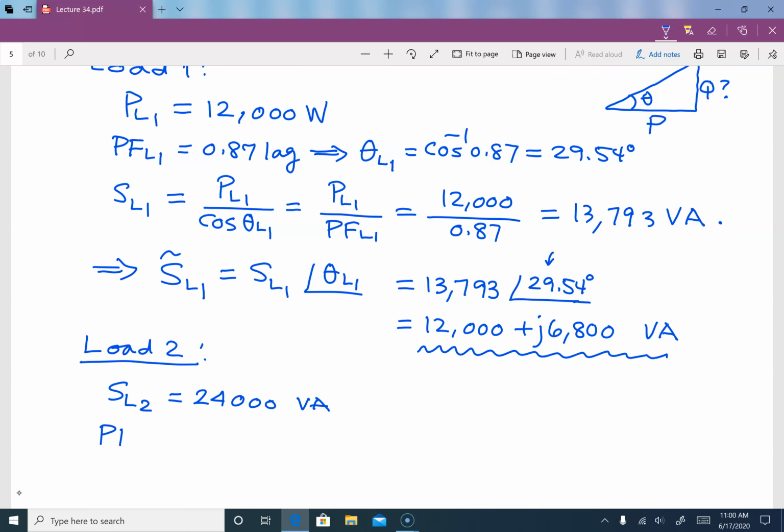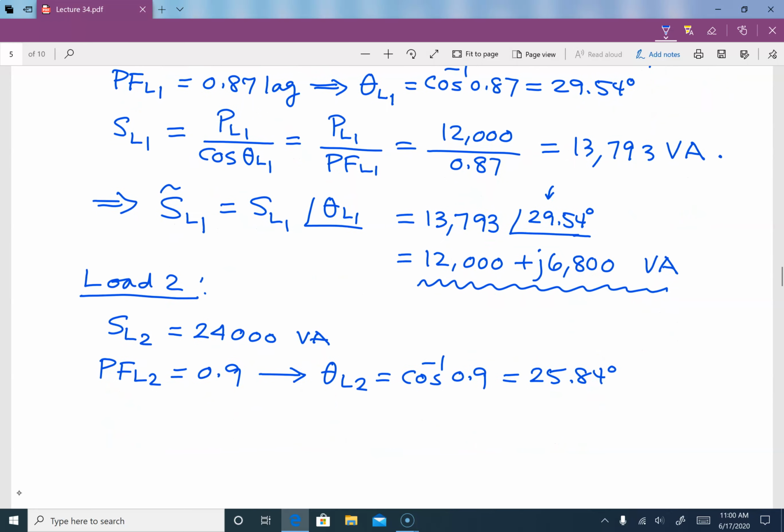So power factor of load 2 is given as 0.9. So that will give us theta of load 2 is the inverse cosine of 0.9, and that is equal to 25.84 degrees.